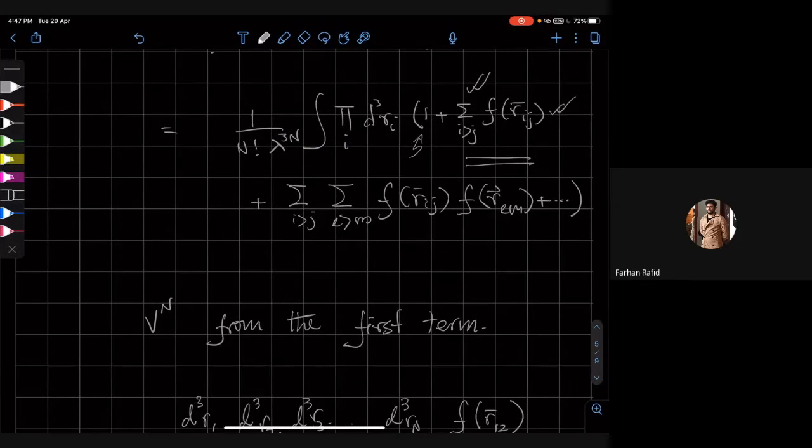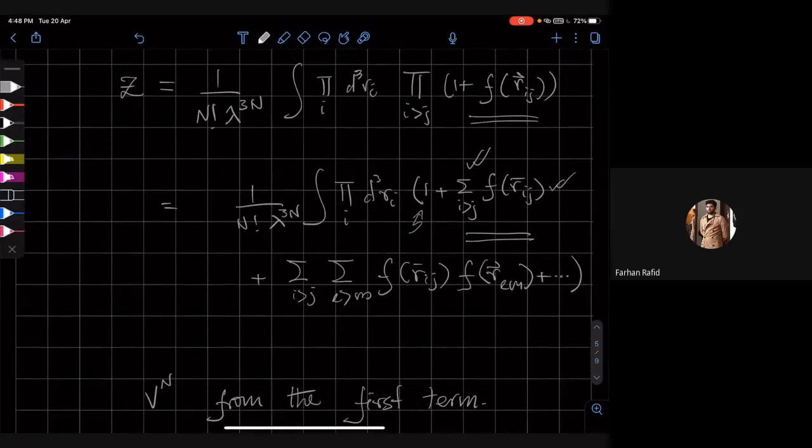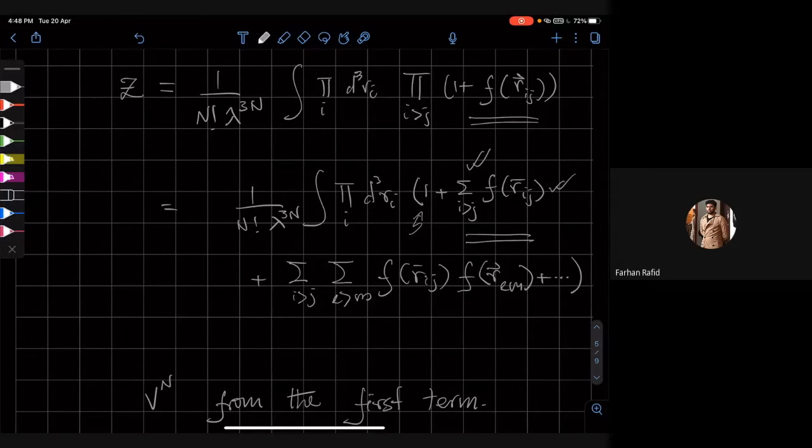How did the double summation sign come from the previous slide? Oh, right. It comes from multiplying these guys. Suppose the number of gas molecules is only two, then we have one plus f. Say the number of gas molecules is three.